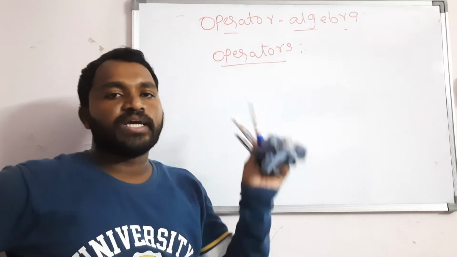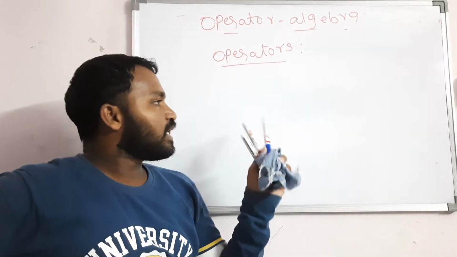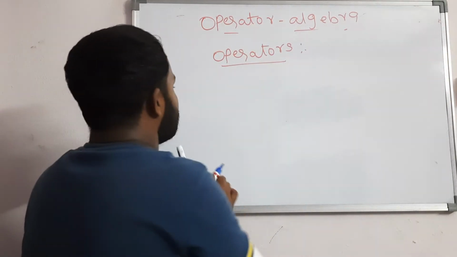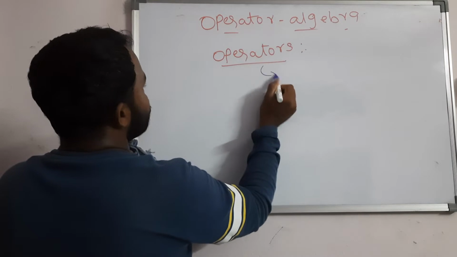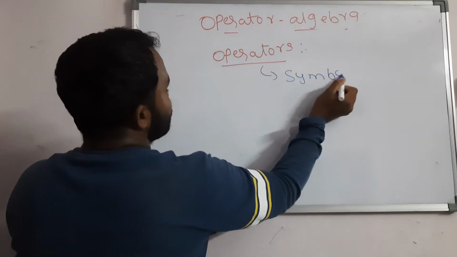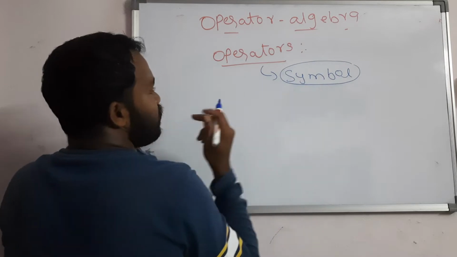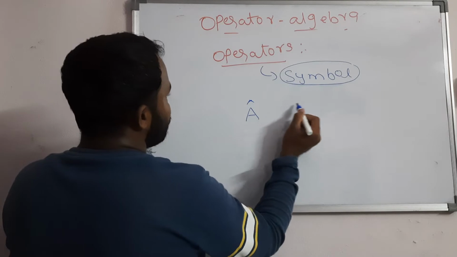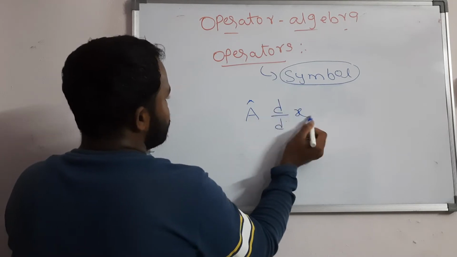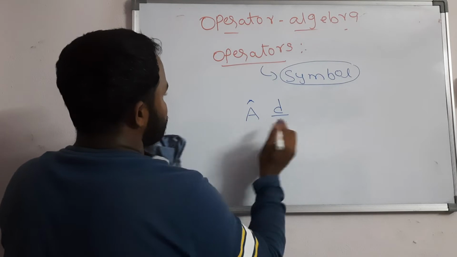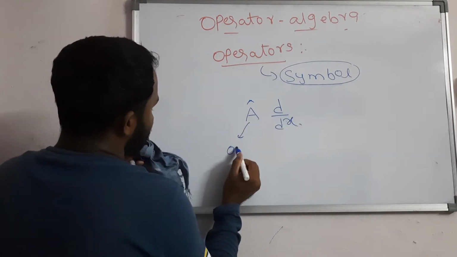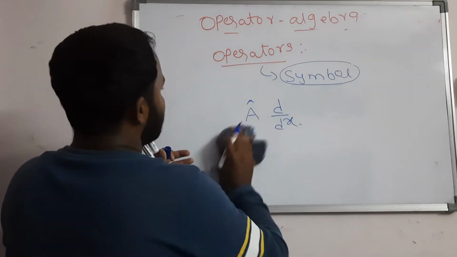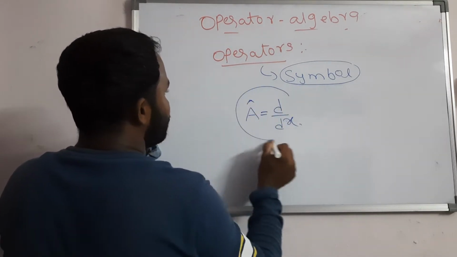An operator is a symbol. If a function is operated on by an operator, we get a new function. For example, if A cap is the operator, A cap is equal to d by dx.